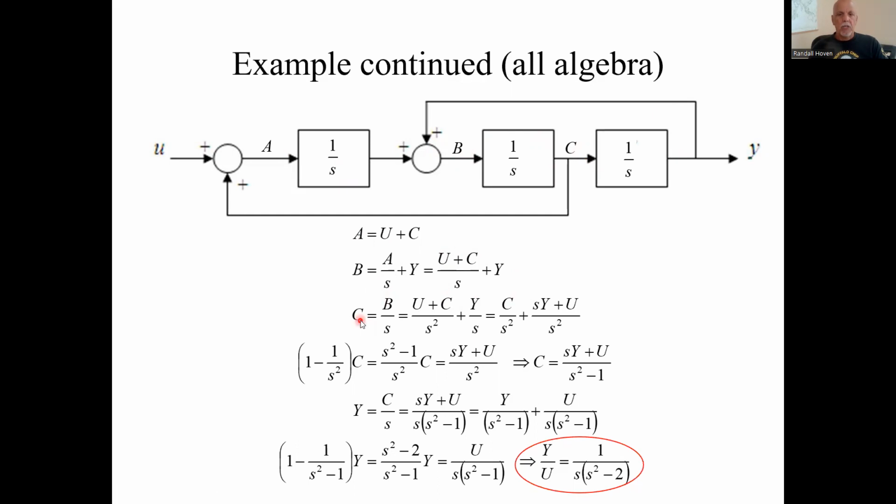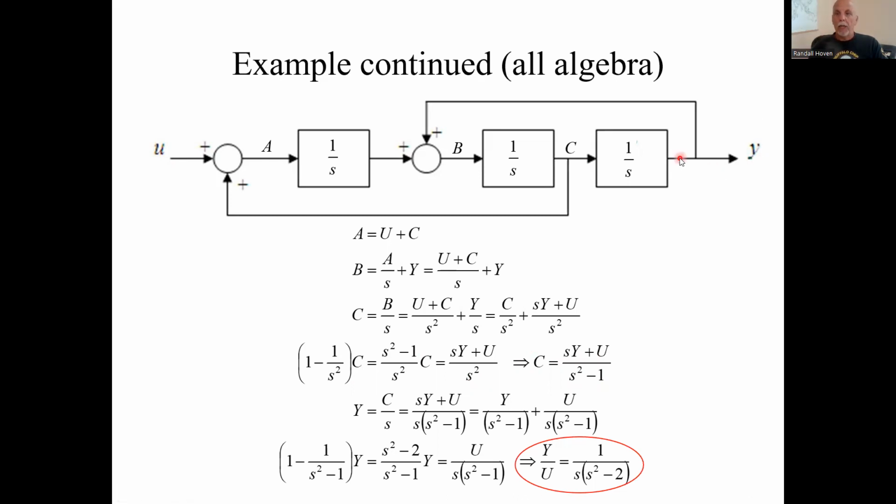So now we have C in terms of C. So algebraically solve for C. And I won't go through this, but you end up with C is this, where now it's only in terms of U and Y, which is what we want to get it down to.